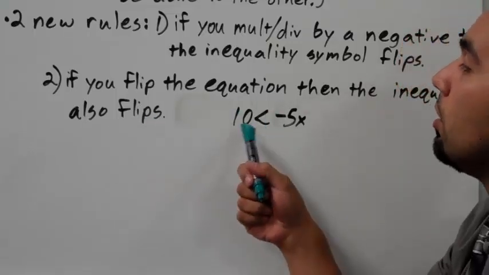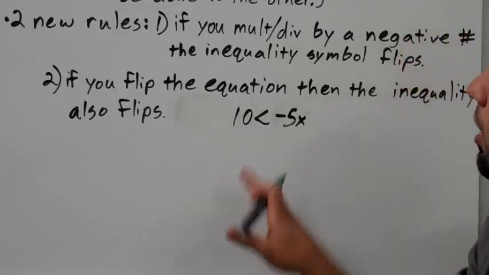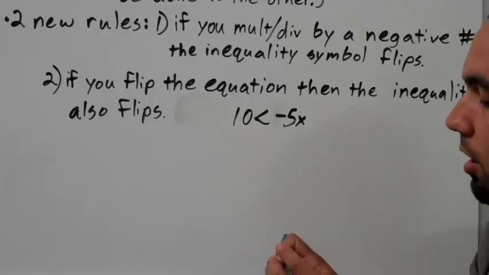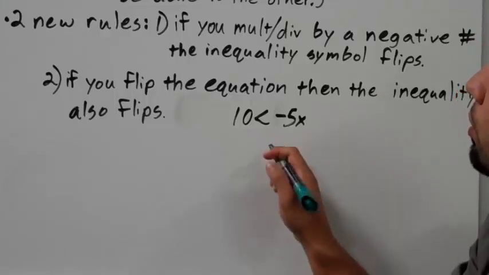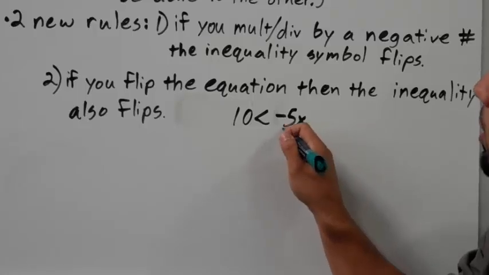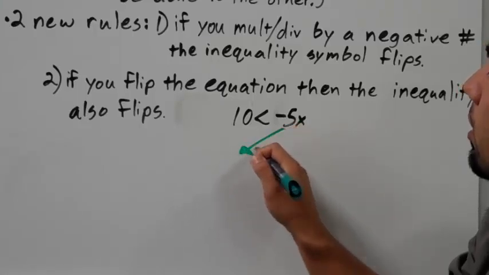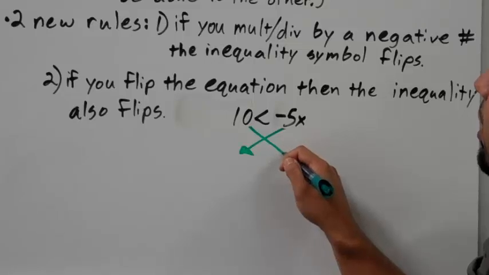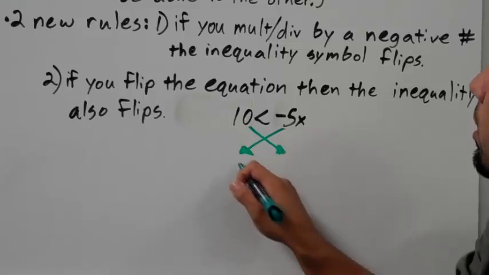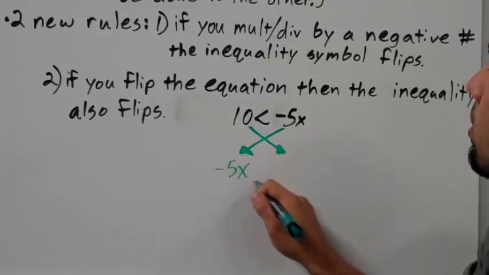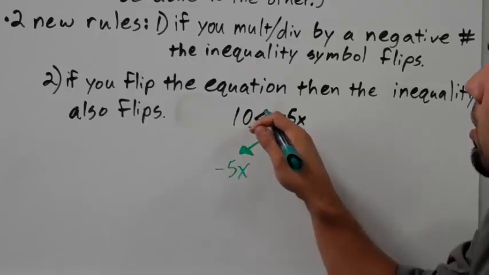Okay, so if we take a look at this example here, I'm going to do both of what I just said here. I'm going to do rule number 2 first because I don't like my x over here. I want to move it over here. And if I do that, then that means I have to take my 10 and move it over here. So -5x and 10. Usually it would be an equal sign.